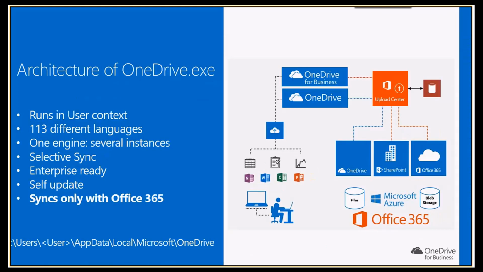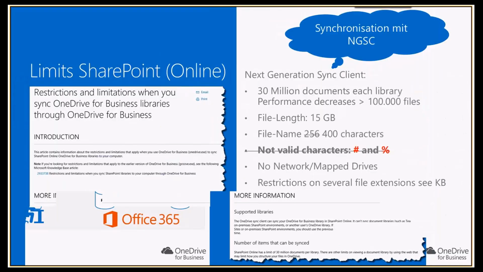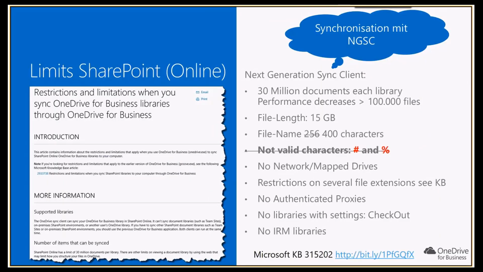File name lengths are now about 400 characters. The invalid characters we spoke about 2 minutes ago, the hashtag and the ampersand, and yes, you can now use the percentage sign. But there is no network drive, no authentication proxies, and at this time no Information Rights Management protected libraries. That will change by the end of the year.